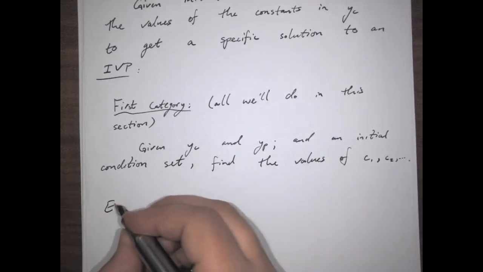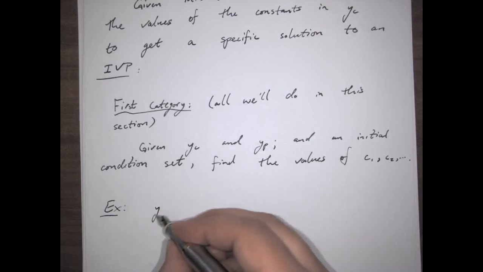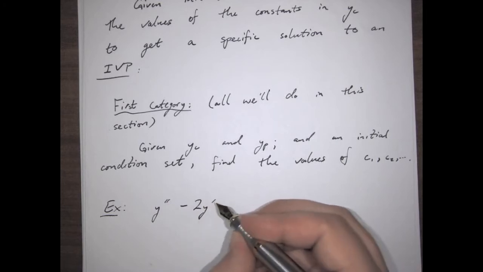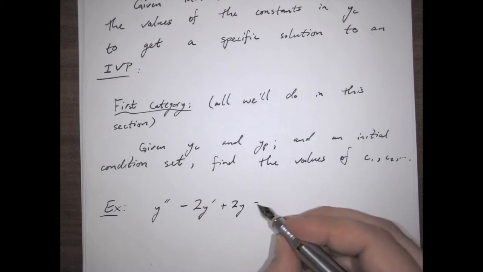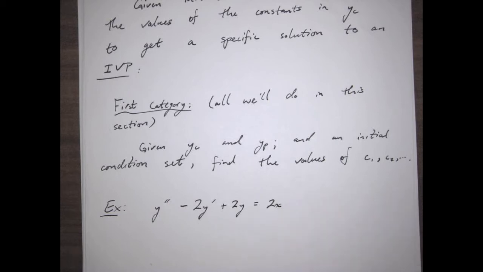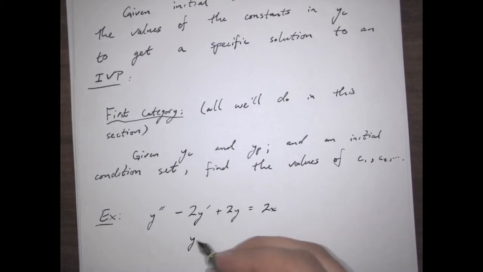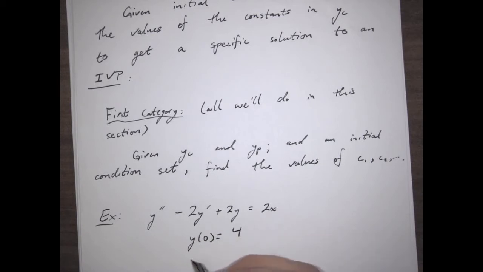And as an example, let's take something like this. So here's the differential equation, y double prime minus 2y prime plus 2y is equal to 2x. We'll be given furthermore some initial conditions. y(0), we will be told, is equal to 4. y prime of 0, we will be told, is equal to 8.